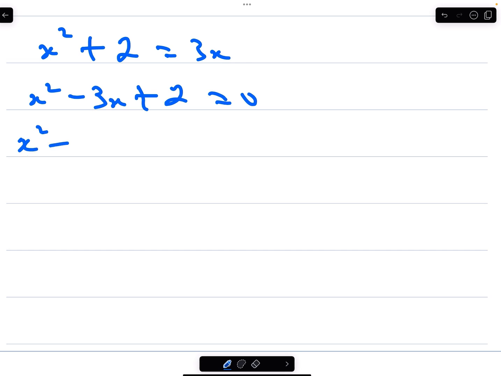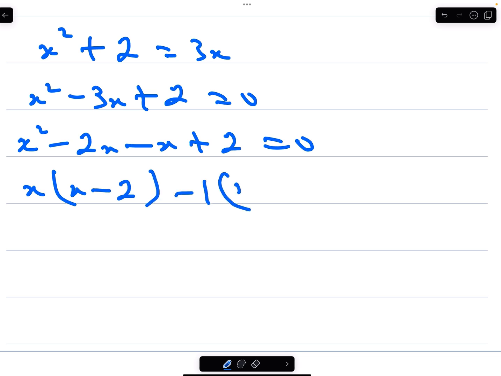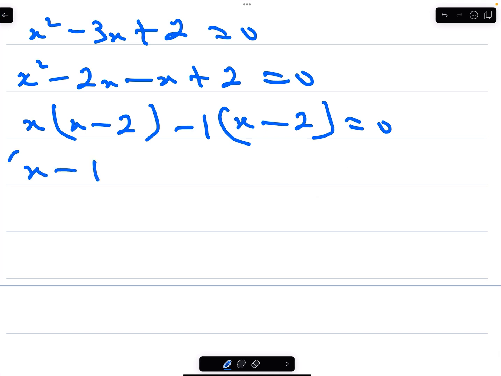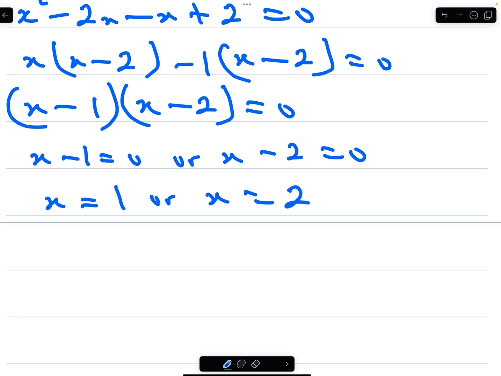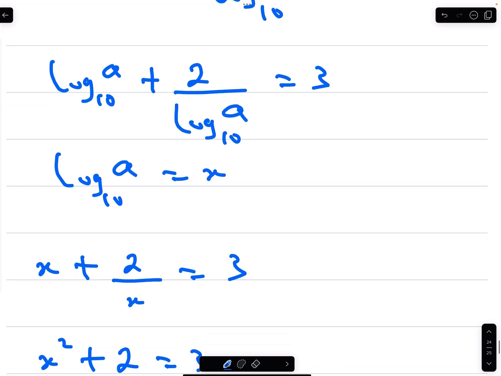That means x squared minus 2x minus x plus 2 equals 0, which means x into bracket x minus 2, minus 1 into bracket x minus 2 equals 0, which means x minus 1 times x minus 2 equals 0. And that means x minus 1 equals 0 or x minus 2 equals 0, which therefore means x equals 1 or x equals 2.